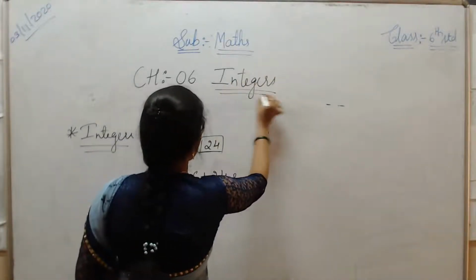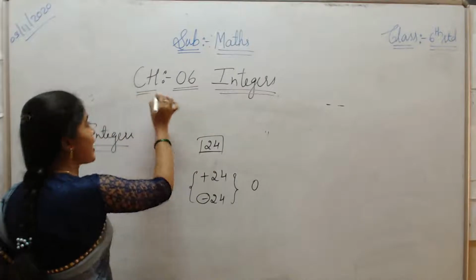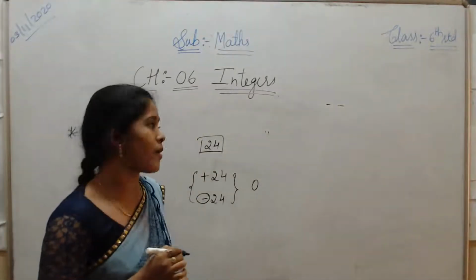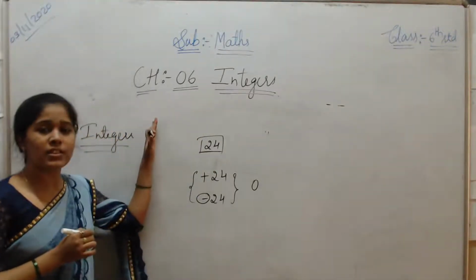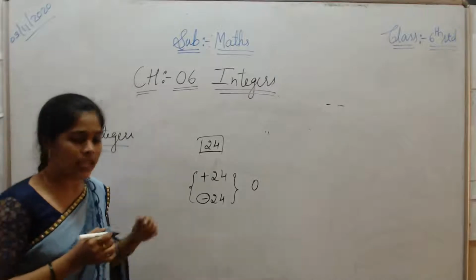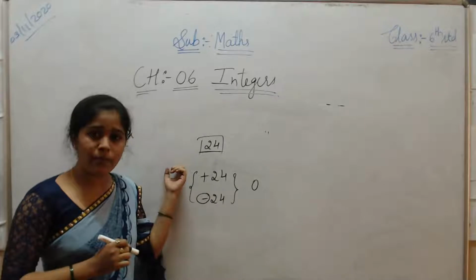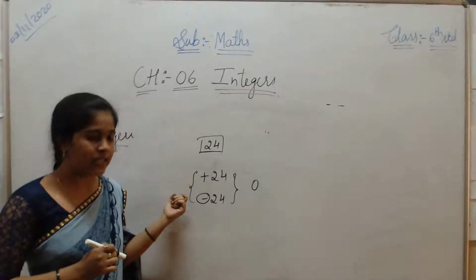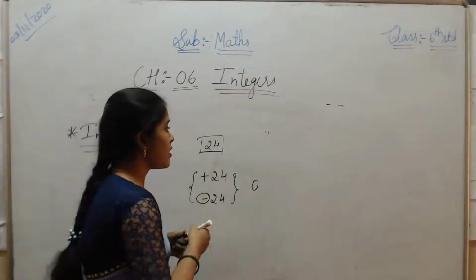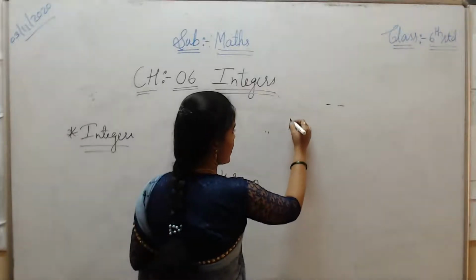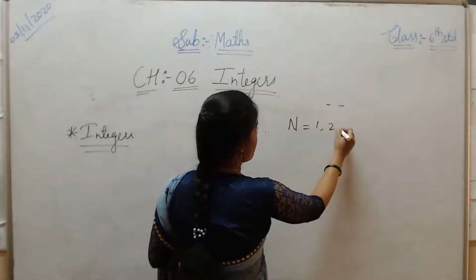The sixth chapter is integers. Here we have whole numbers, natural numbers and integers. In natural numbers, there are only counting numbers.